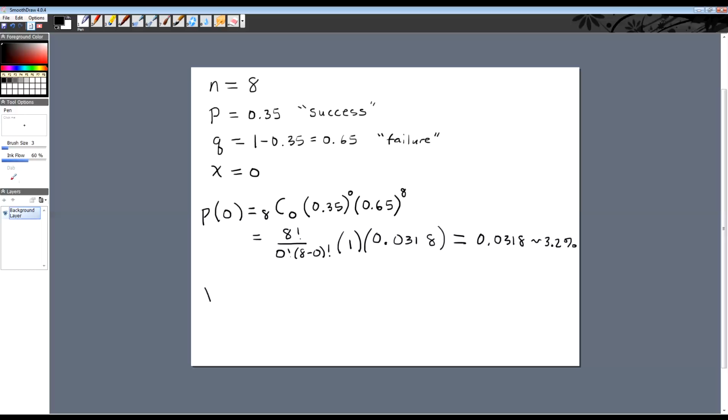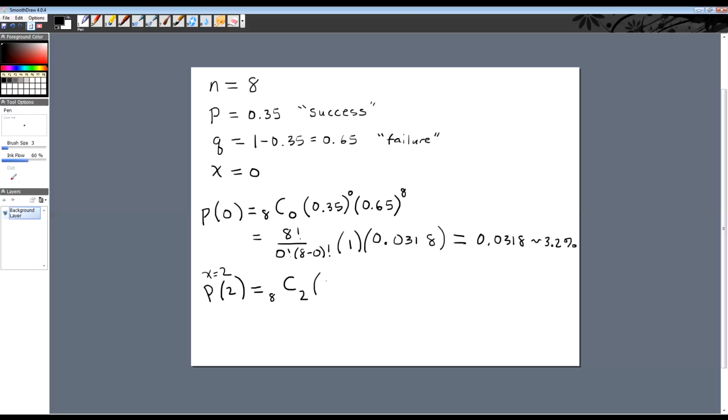In number 38, x equals 2. In a sample space of 8 with 35% undesirable side effects occurring, what's the probability that 2 would have undesirable side effects? So we set this up the same way. 8 choose 2 now.